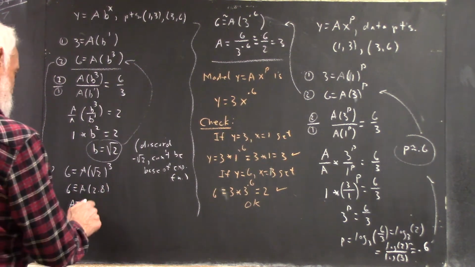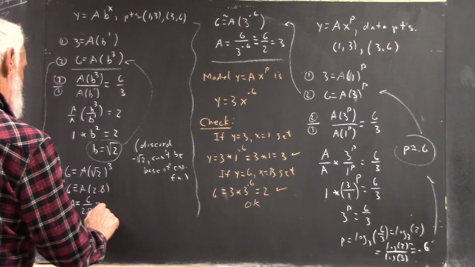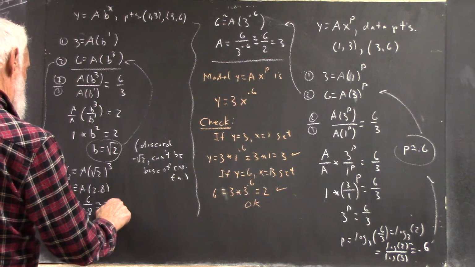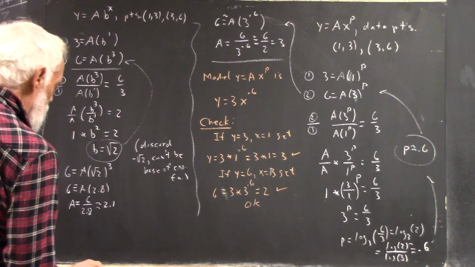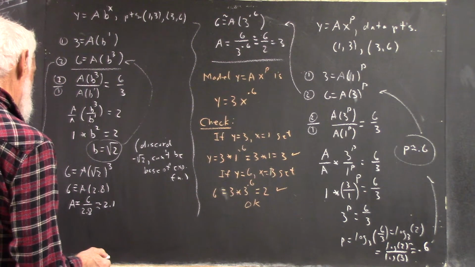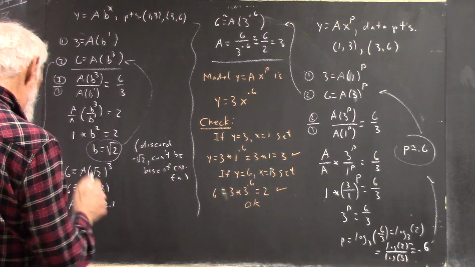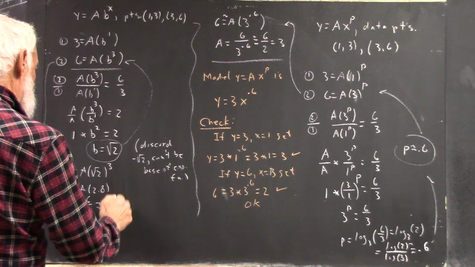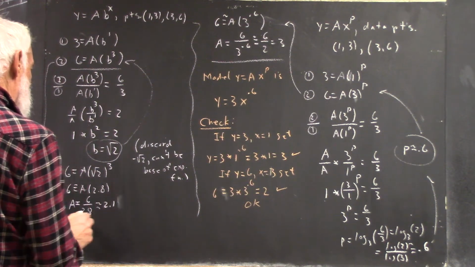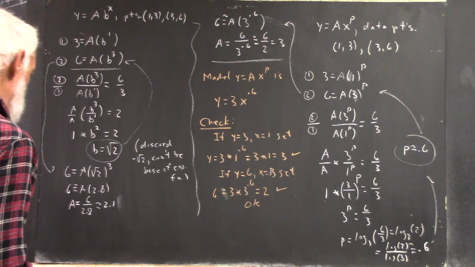I'm saying 2.14, that'd be 6 over 2.8. I'm saying 2.14, but then that doesn't have more than 2 significant figures, so that number would be ridiculous.